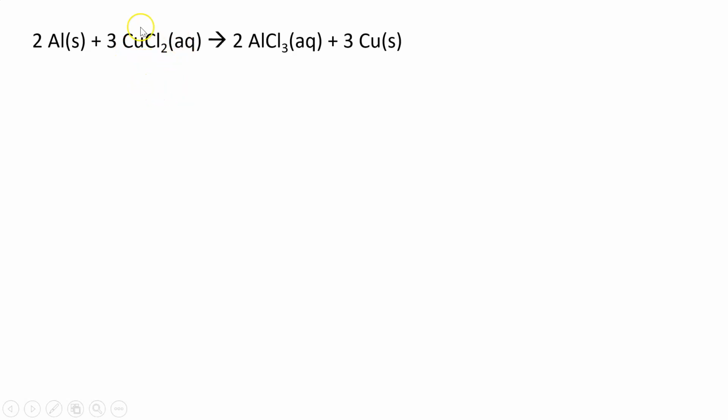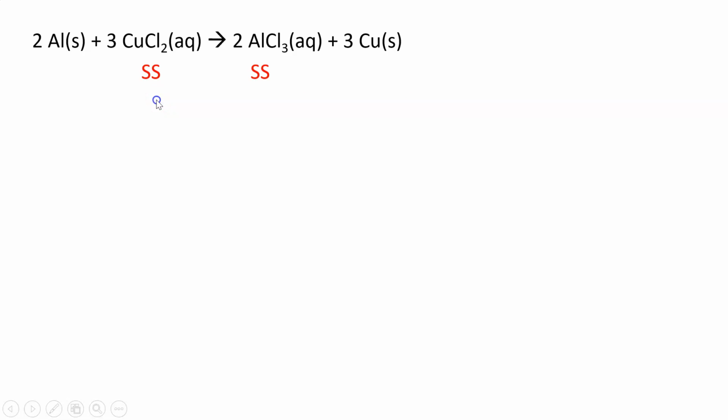Well, this is a soluble salt. This is also a soluble salt. So those are going to dissociate into their ions. So I'm going to end up with 3 Cu2+ ions. And because I have 2 chlorides for every copper chloride, I'm going to multiply 3 by 2 to find out how many chloride ions I'm going to get. 3 times 2 is 6. So 6 chloride ions, that's Cl-.